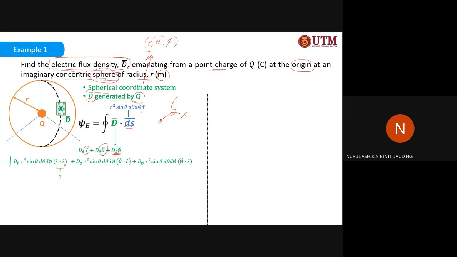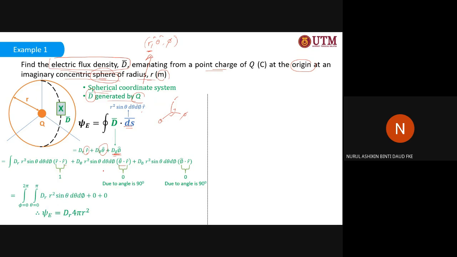However, theta direction and r direction are 90 degrees to each other, so cos 90 degrees will produce 0, since they are normal to each other. The same goes for phi direction and r direction, which will also produce 0.